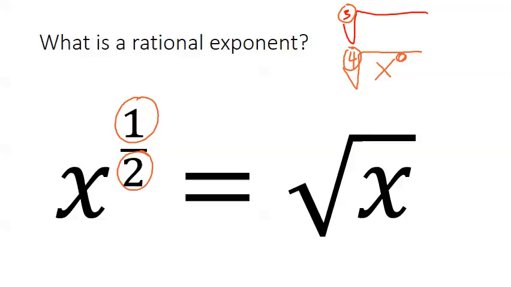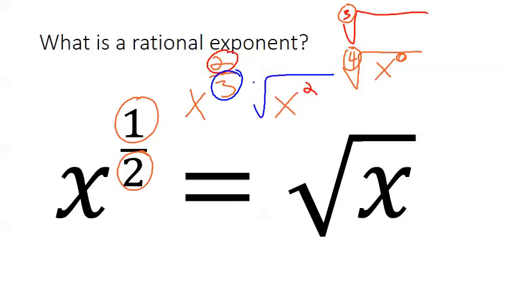So for example, if you had x to the power of 2/3, the numerator, I'll do that in red, is going to be your exponent, say 2. Your denominator in blue is going to be your root. So you've got this cube root of x squared, or x to the power of 2/3.